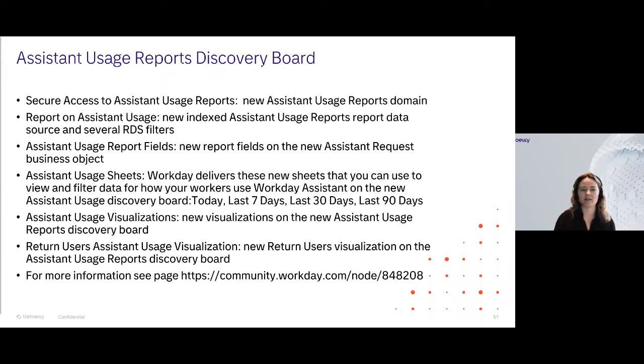So if you have assistant in use, you have possibility now to add this discovery board where you very nicely can see how the users are using the assistant. These are a list of the items which are part of this new feature, and there's a link where you can check more details on this too.